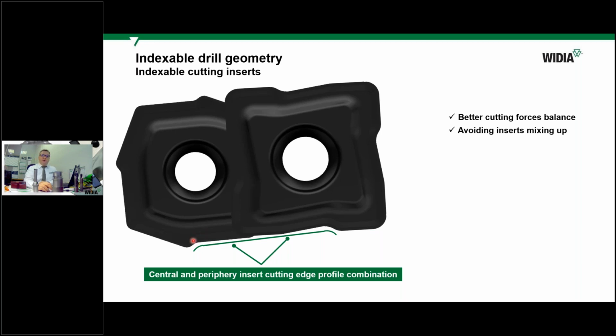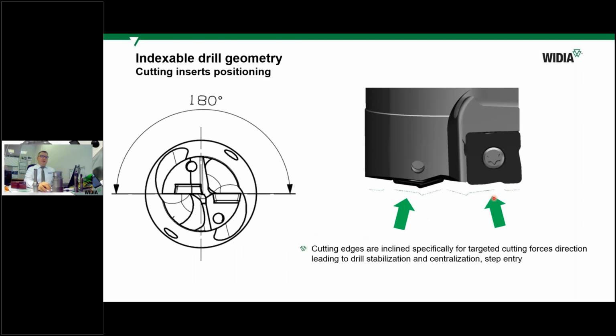In order to avoid that, and to use the maximum cutting conditions with the maximum productivity, shapes should be different, and it's not possible or very hard to put a peripheral insert in the central pocket and a central insert in the peripheral pocket because of the grades. Together, these inserts are also designed to self-centralize the drill during the cutting action.